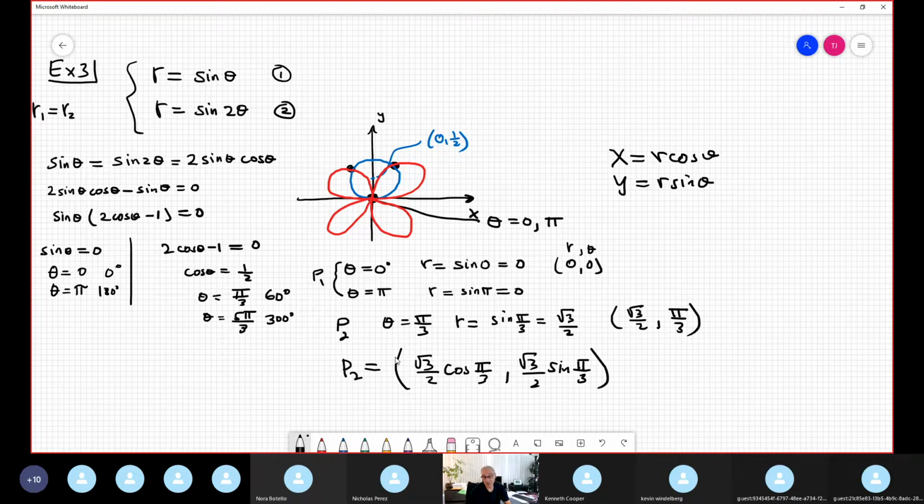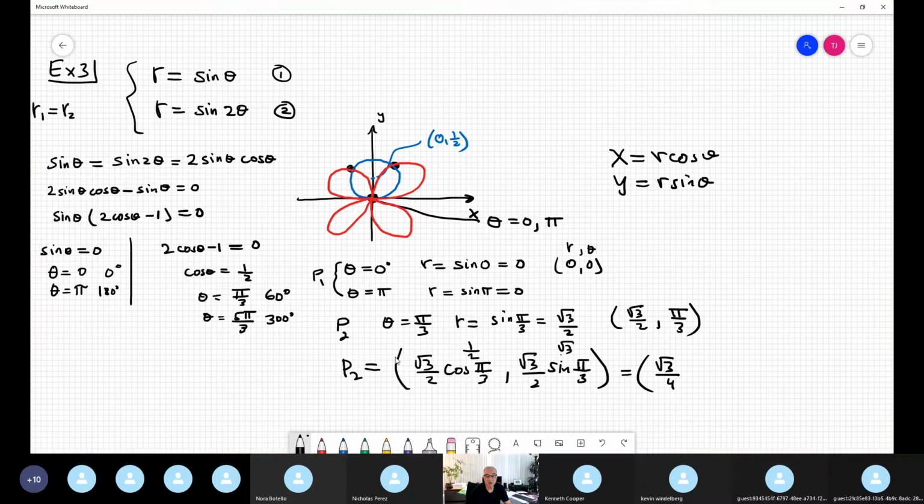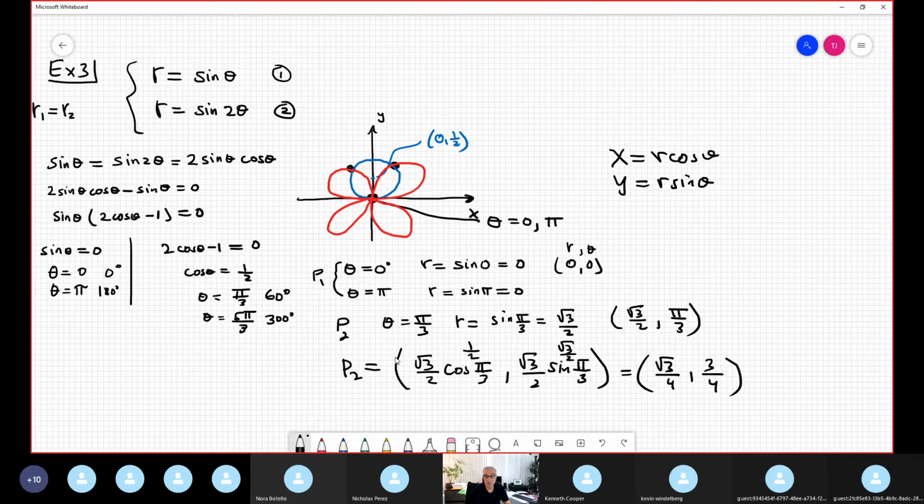You can leave it like that, or put it in decimal. However, in this case, it's easy because cosine pi over 3 is 1/2. So actually, the point is radical 3 over 4, because this is 1/2, and this is radical 3 over 2. So radical 3 times radical 3 is 3 over 4. Nice.